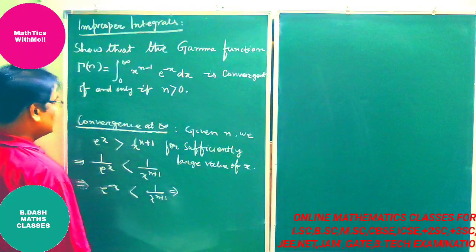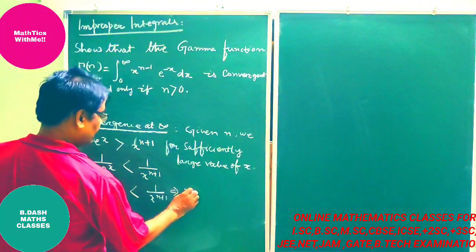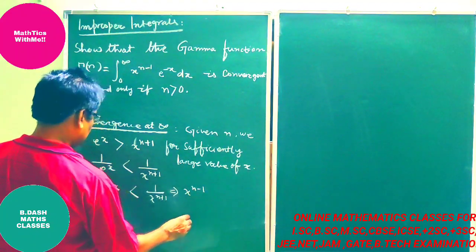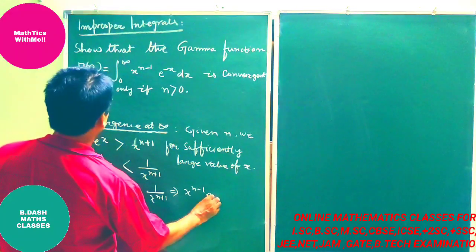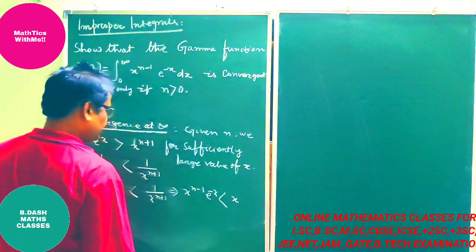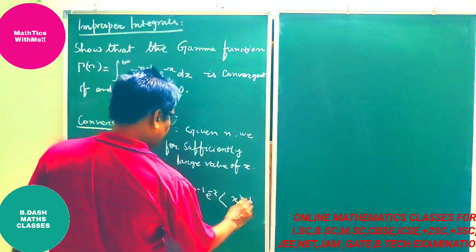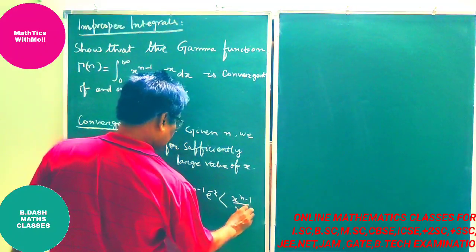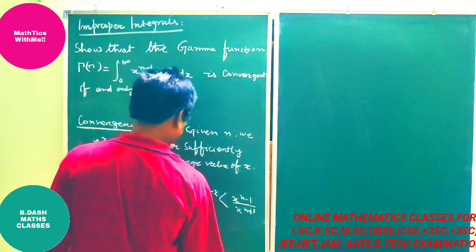This implies x to the power n minus 1 into e to the power minus x less than x to the power n minus 1 by x to the power n plus 1.